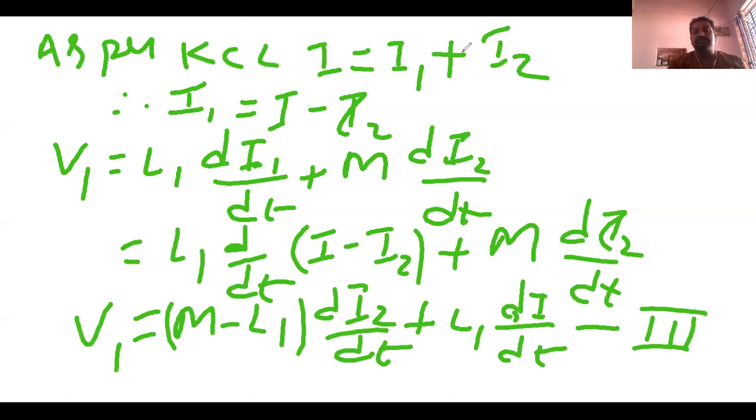So we substitute this in the place of I1 is equal to I minus I2 in equation 1. That equation 1 is modified as equation 3 like this: (M minus L1) di2 by dt plus L1 into di by dt. Then the same value of I1, substitute in equation 2.